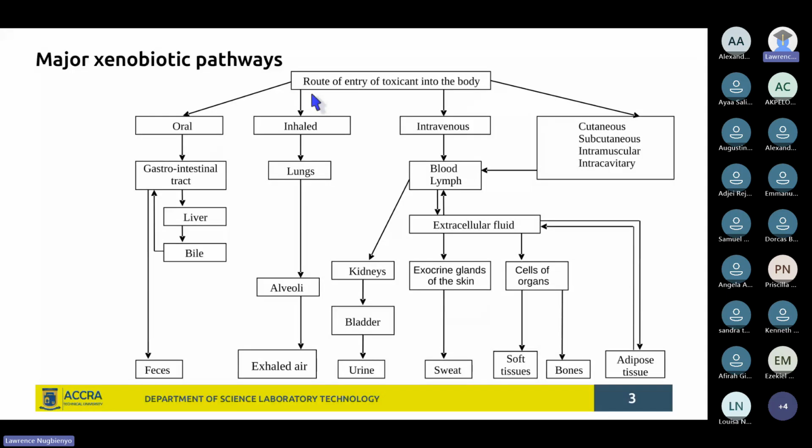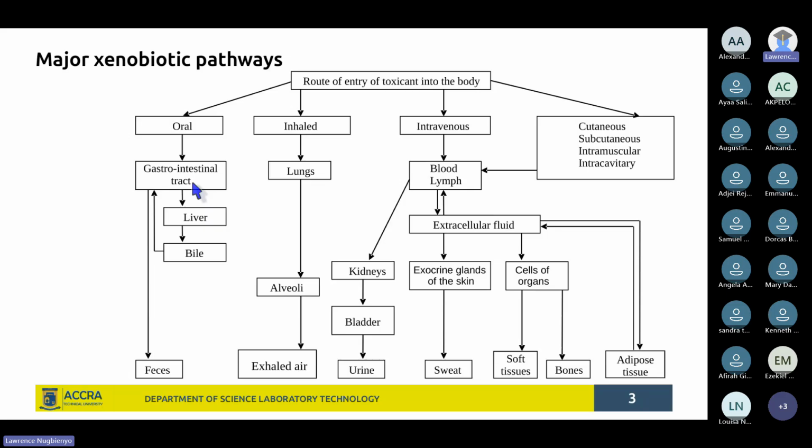So you have substances that get into the body through the mouth, the buccal cavity, and from the mouth they get into the digestive system, that is the gastrointestinal tract.